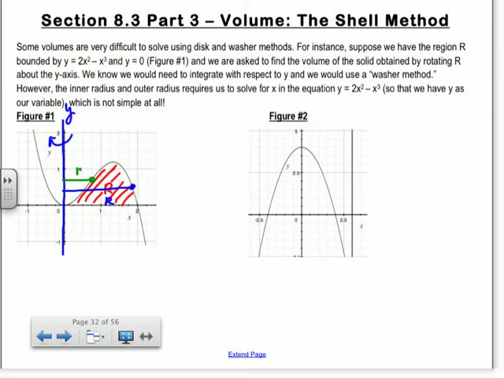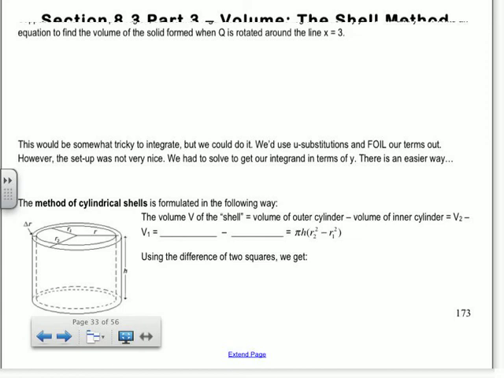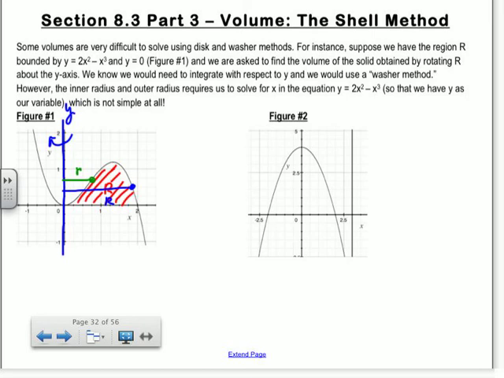Okay, let's say we have something else, like figure 2. Q is going to be the region formed by y equals 4 minus x squared and y equals 0. Let's write an equation to find the volume of the solid formed when Q is rotated around the line x equals 3. So this is Q, and we're going to rotate around x equals 3.